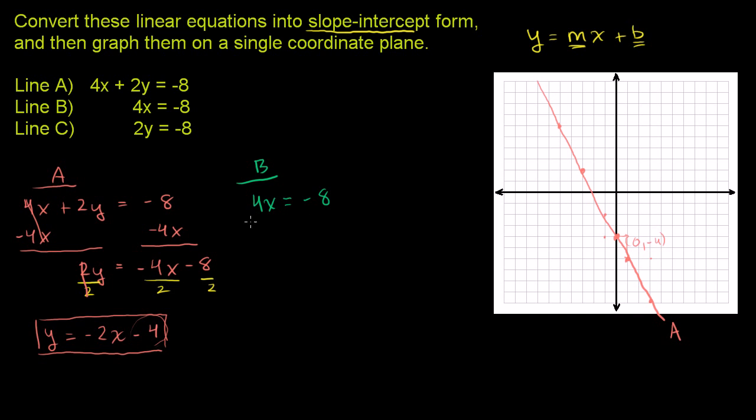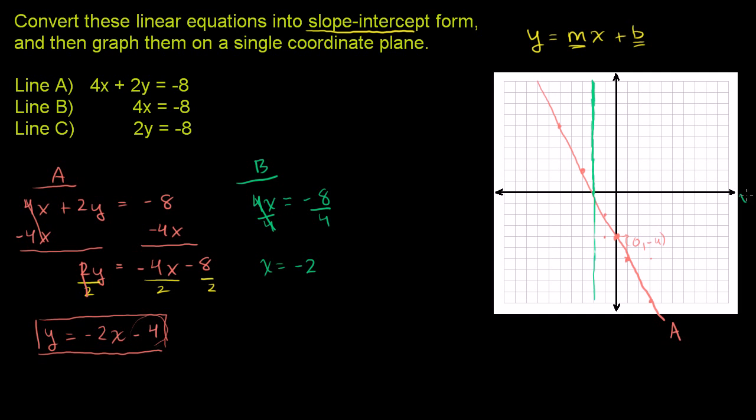So let's divide both sides of this equation by 4, and you get x is equal to -2. So this just means, I don't care what your y is, x is just always going to be equal to -2. So x is equal to -2 is right there, -1, -2, and x is always going to be equal to -2 in both directions.